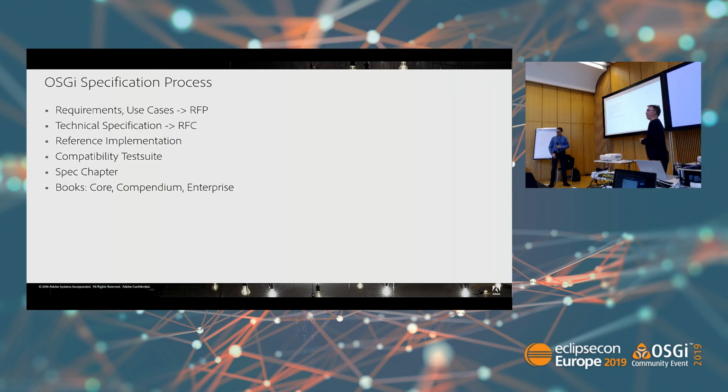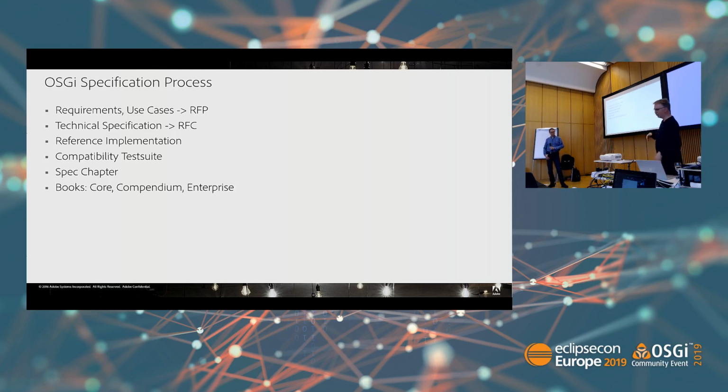It's not implementable, or way too difficult to do. And then the other thing that is later on created is the CT, so it's a suite of test cases that verify that the reference implementation is implementing what is the specification, which makes sense. And then at the end, these three, and then someone takes the technical document, the RFC, and creates a spec chapter in our OSGi specifications. And then this spec chapter, the test suite, and the reference implementation make up the final specification that we release.